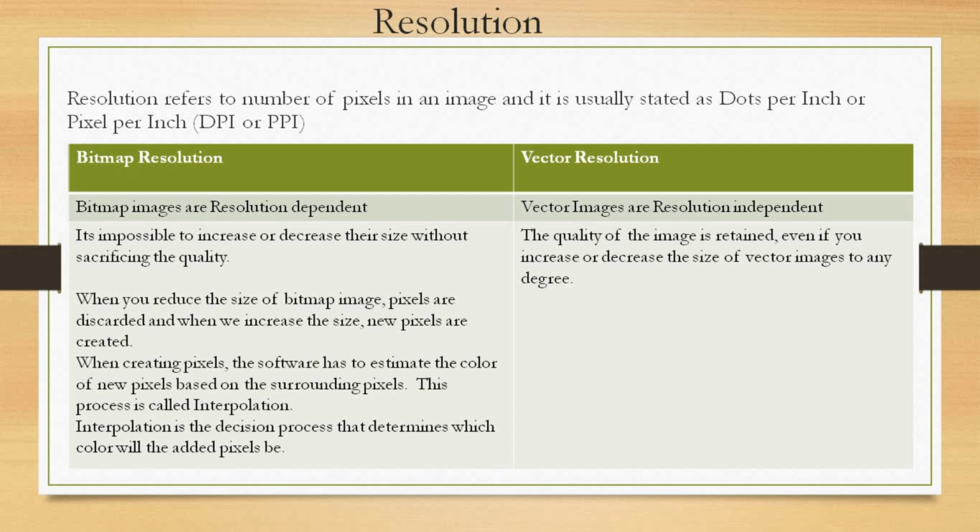When new pixels are created, the software has to choose which color to give the newly created pixels depending upon the surrounding pixels. This process is called interpolation. So what is interpolation? It is a decision-making process of the software which determines which color to give the newly created pixels. Got it?